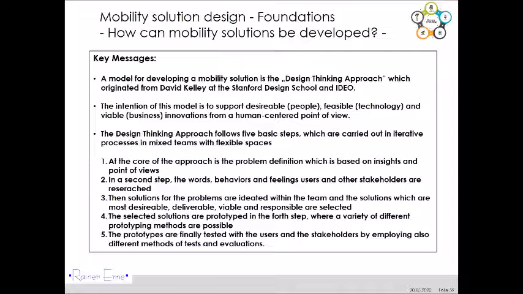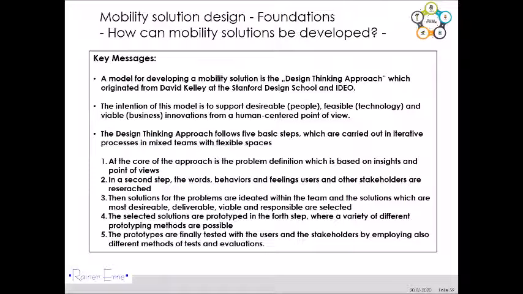I will use this example to show you the design thinking approach. The key messages of the question, how can mobility solutions be developed, are: there are different models in place, but one model I will use is the design thinking approach of the Stanford Design School and IDEO, David Kelly.